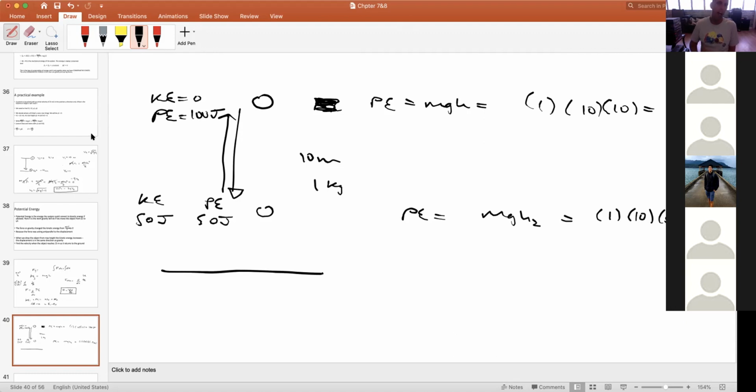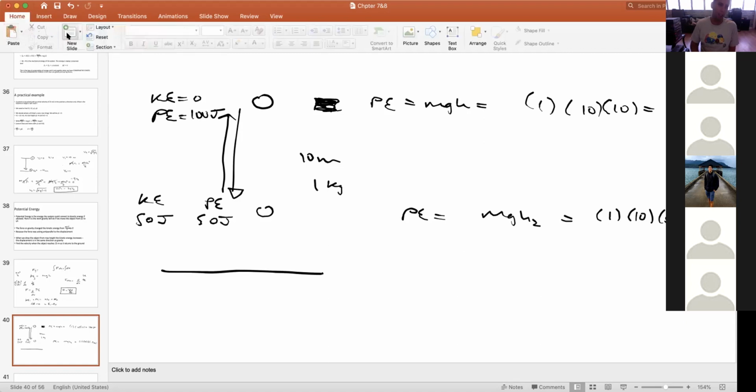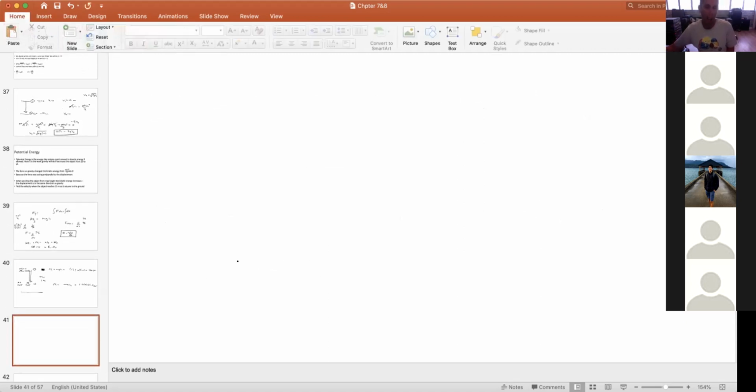However, I can do something really weird. Now, I'm still at 10 meters from the ground, so it's still at a height of 10 meters, but now I want to know how much kinetic energy it will have when it's fallen 1 meter, right? So relative to here, if this is my 0 of potential energy, how much potential energy does it have up there?